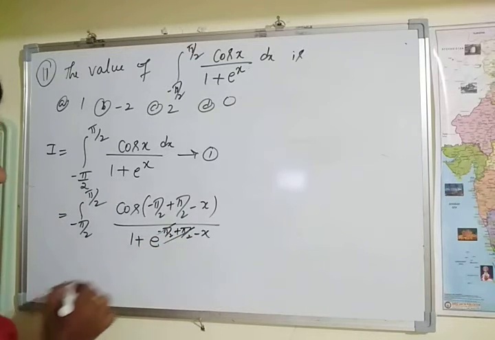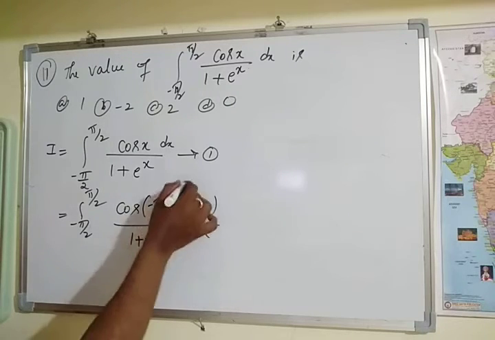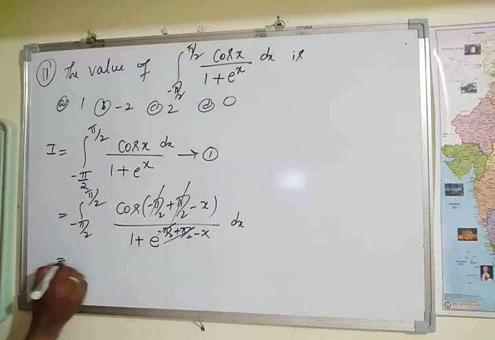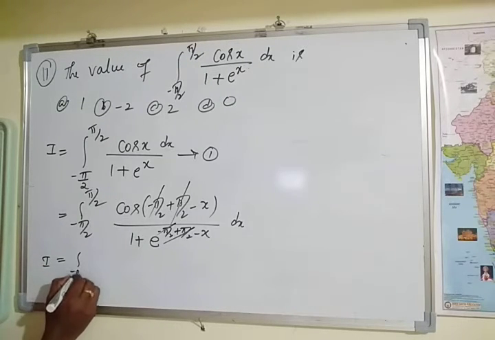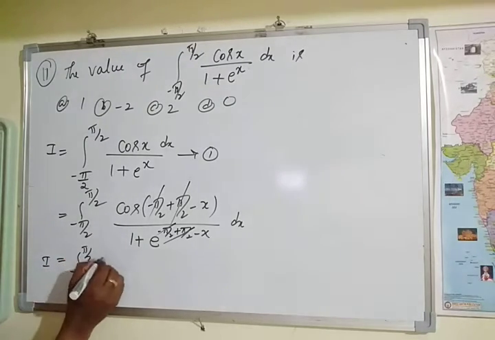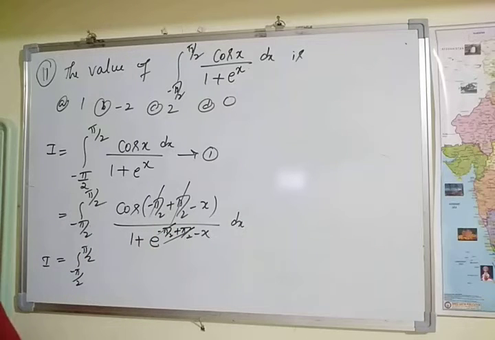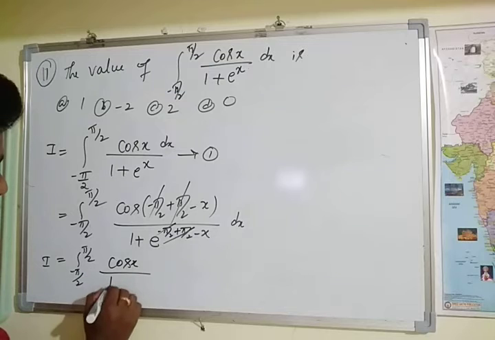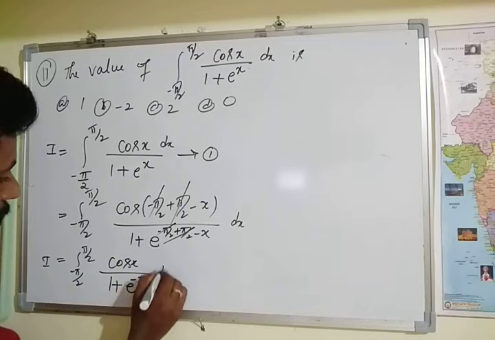Plus pi by 2 minus pi by 2 gets cancelled, here also plus pi by 2 minus pi by 2 gets cancelled, into dx. Here we get I is equal to integral of minus pi by 2 to pi by 2 cos of minus x. Cos of minus x is cos x.